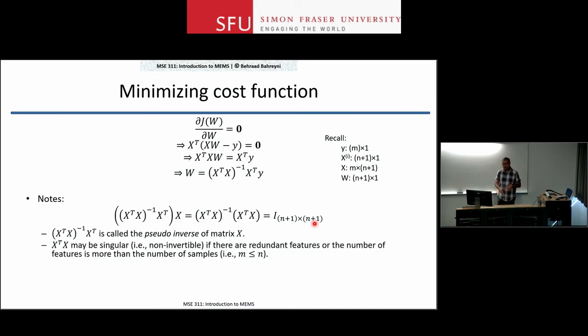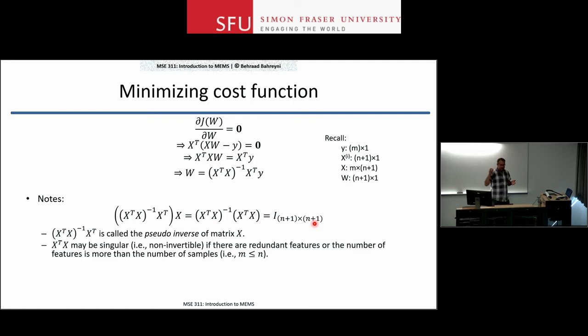And there are cases where you may not be able to invert that X^T X, where T means transpose. Then you're in trouble, because you cannot calculate the weights according to the expression that we showed here. When does that happen? When you have features that are redundant.